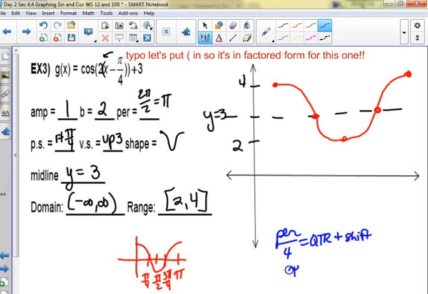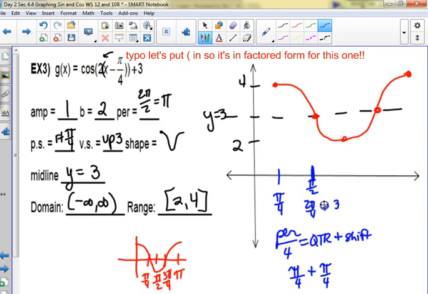All right, so our period was pi, divided by 4 is pi over 4. And we're going to add that on to our shift, which was what? Pi over 4. So this is going to be pi over 4. But the next quarter point is pi over 4 after that, which is what? 2 pi over 4 or pi over 2.